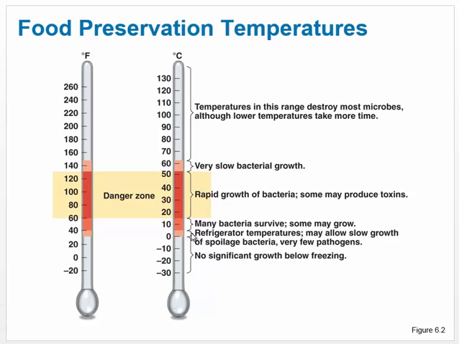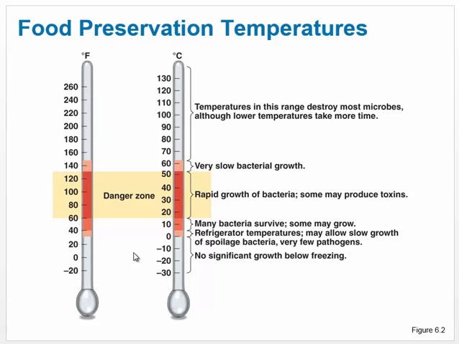Our refrigerator's temperature is kept in this pinkish zone down here. That's because not too many bacteria can grow very fast at refrigerator temperatures. Of course, if you leave milk in your refrigerator long enough, it's going to grow bacteria and spoil, so you can't leave food in your refrigerator indefinitely. Things will grow slowly, but not very many pathogens are going to grow at refrigerator temperatures.